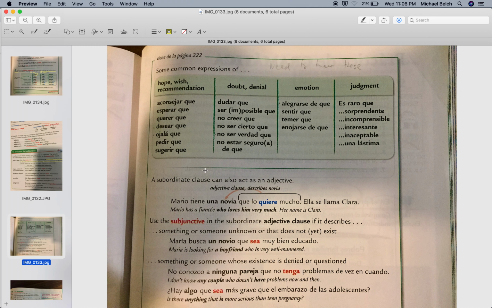Here's a quick chart to help you remember which phrases and verbs match hopes, wishes, and recommendations, which talk about doubt and denial, which talk about emotion, and which ones talk about judgment. So I've written this in pencil in my textbook. You need to know these for this unit. You need to know every single one of these.